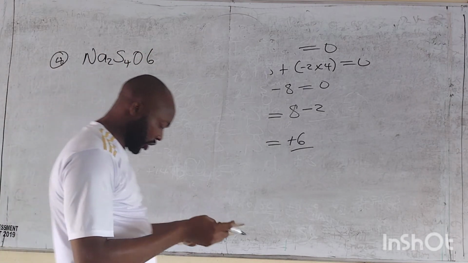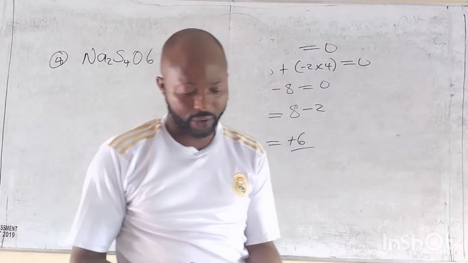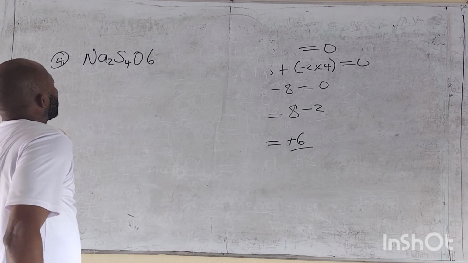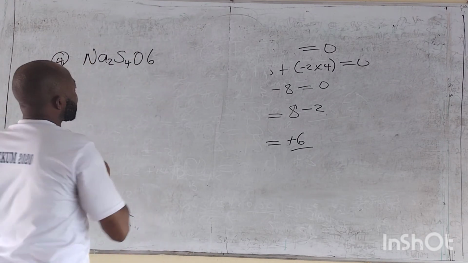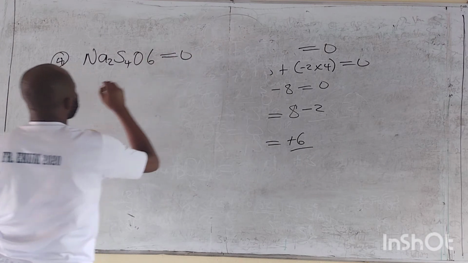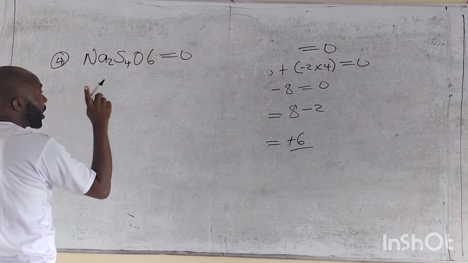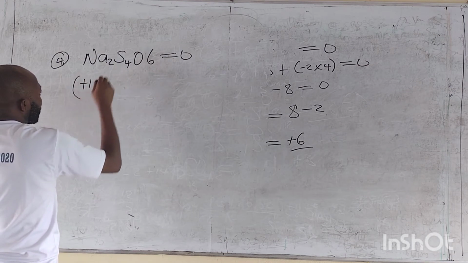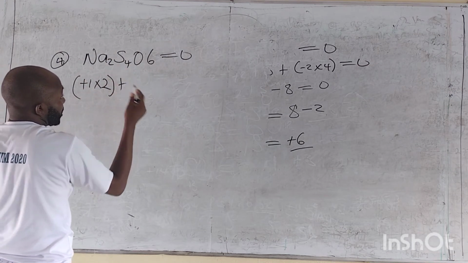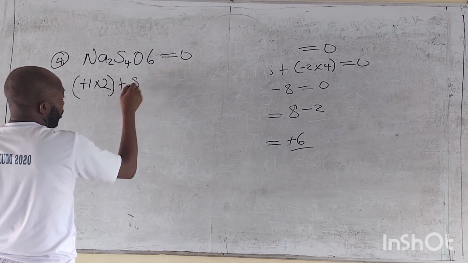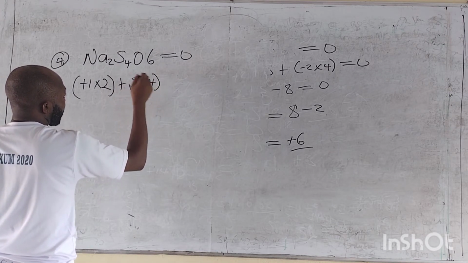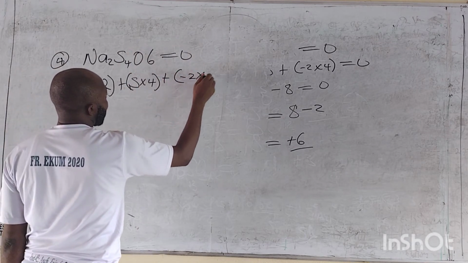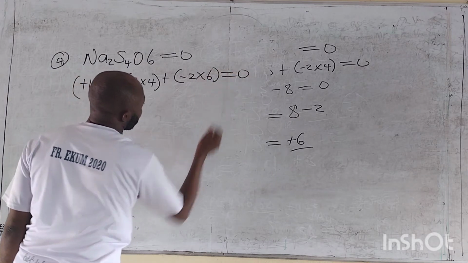We are calculating the oxidation number of sulfur in that compound. Now, the oxidation number of all the elements in their free state is equal to 0. So sodium is plus 1, the valence state, plus 1 times 2, plus sulfur, which is what we're looking for. So sulfur times 4, plus oxygen is minus 2. Minus 2 times 6, all equals 0.